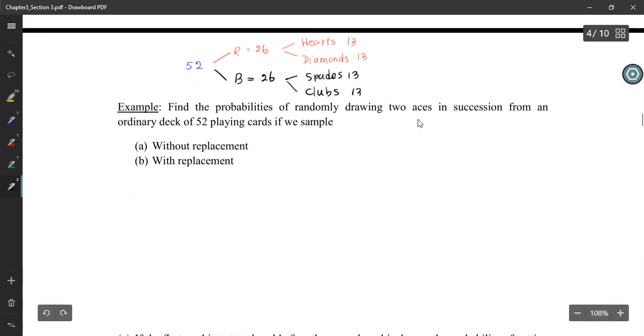Randomly drawing 2 aces. How many aces are there? Heart A, diamond A, spades A, and clubs A. In this case, we are not worrying about the color, it's about the card. Altogether there are 52 cards. How many A's? 4 A's.